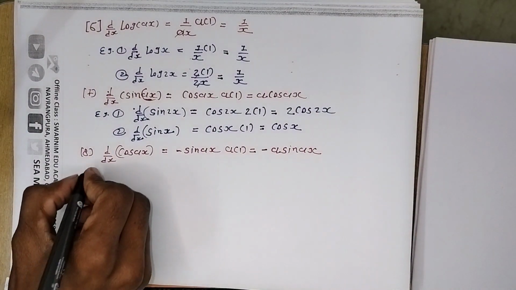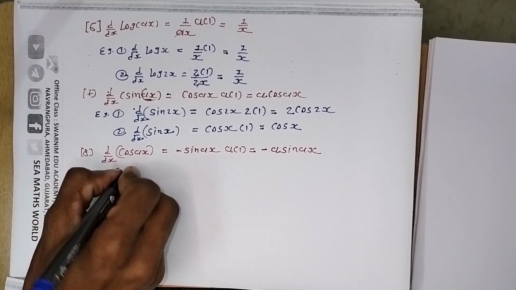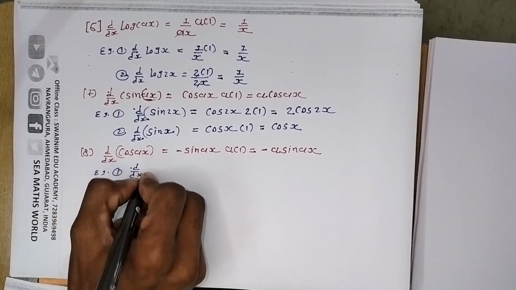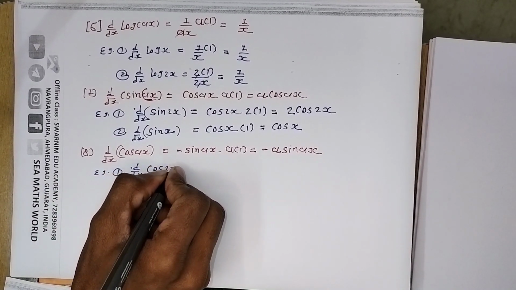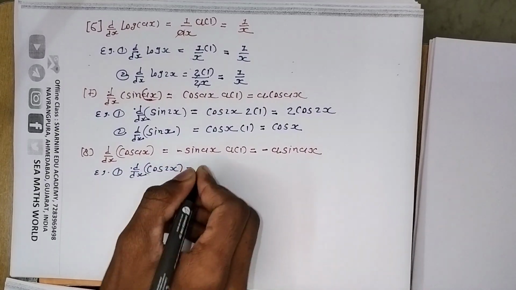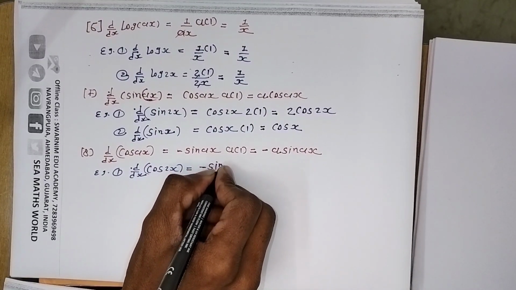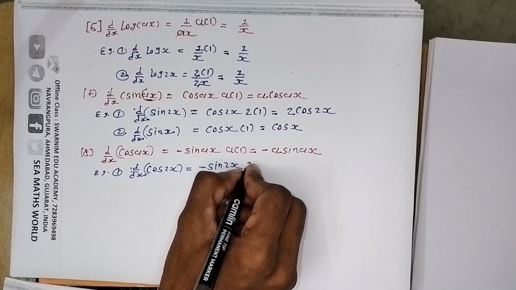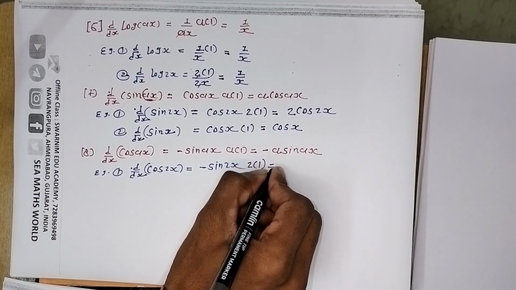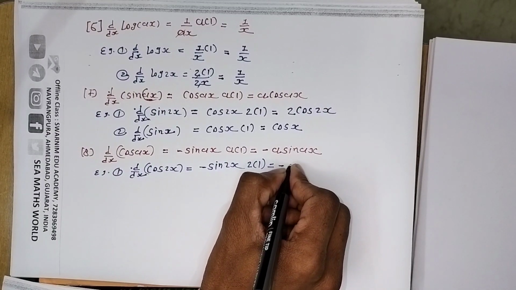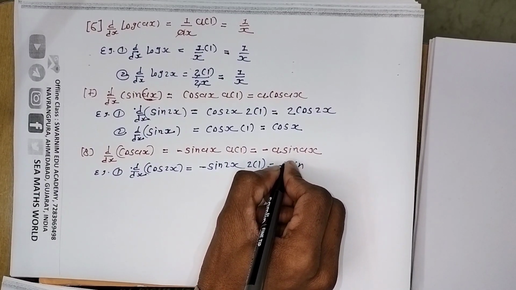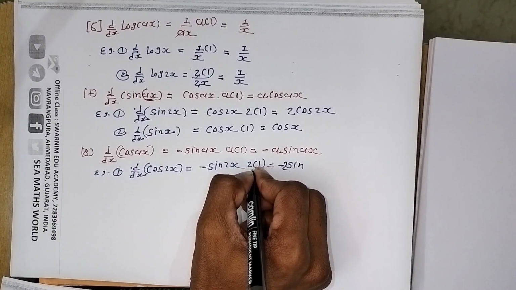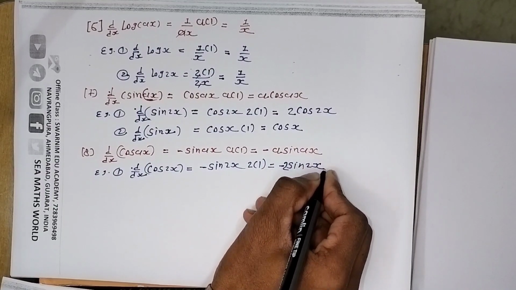Let's understand through the example. Differentiation of cos 2x will be minus sine 2x. Then differentiate the angle: 2x differentiation is 2 as it is, x differentiation is 1. So finally minus 2 sine 2x.